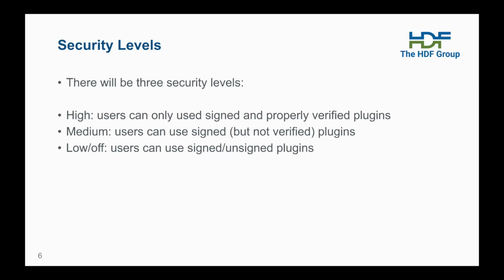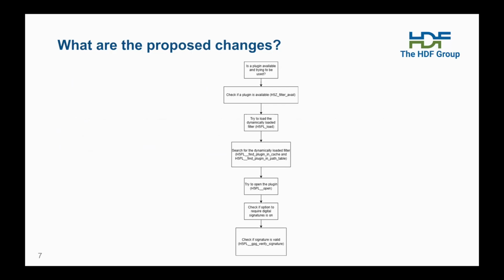This is obviously a little less secure, but it means that when newer versions of plugins are distributed, people who have reasonable trust in the plugin source can use Medium so that it is not quite as strict. And with low or off, users can continue to use unsigned and signed plugins, and it doesn't have any of the verification features. So, exactly what are the proposed changes?